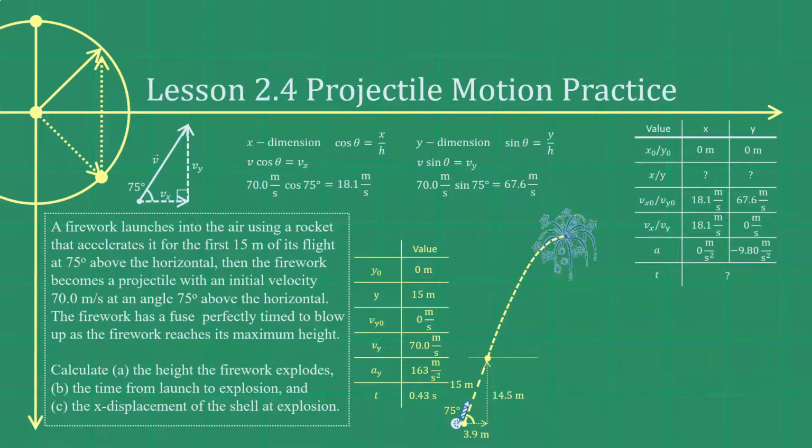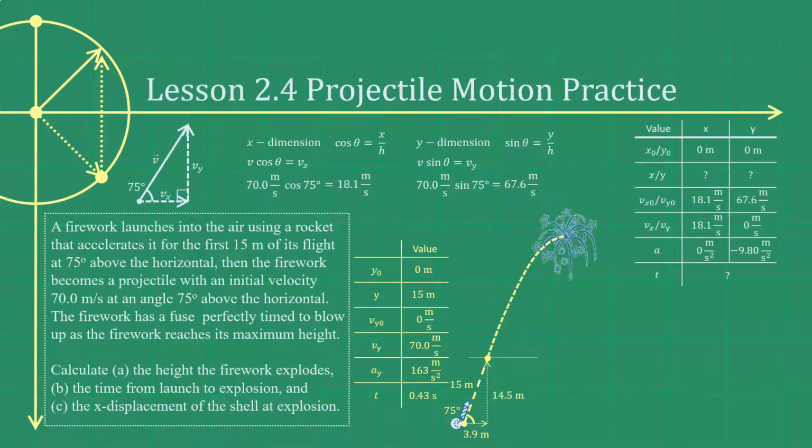I don't know how long it's going to take to get to that maximum height from what's given in the problem. Remember that 0.43 seconds is just the time it took for the rocket to burn out so that it's launching like a projectile. That's a completely separate time frame than the time frame when it's moving like a projectile. So once that 0.43 seconds ends, a new time frame begins, and I can't carry it over to the next part of the problem.